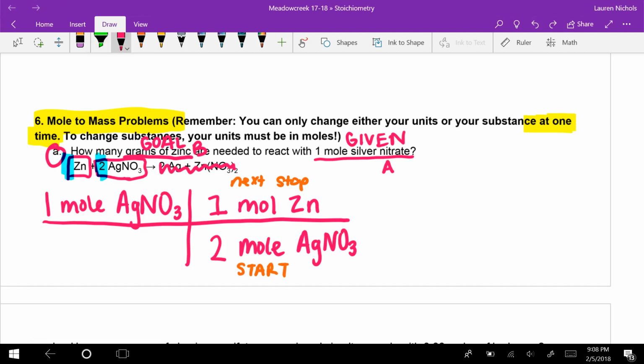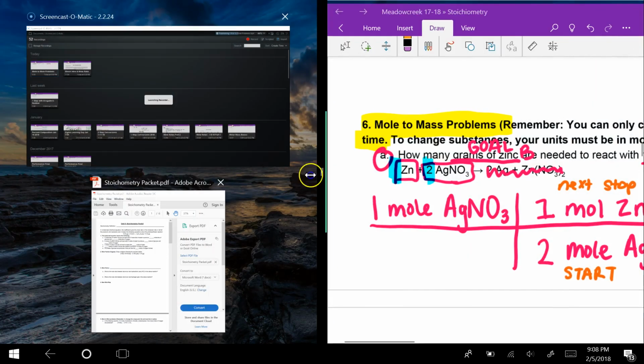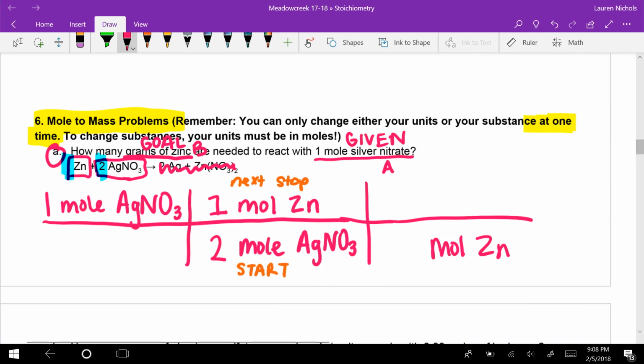So that means I'm going to create a second step. And now I'm starting from the same place I left off. I'm still starting at moles of zinc, and I'm going now on my mole map to the right to grams of B, or grams of zinc. Now, in order to go from moles to grams, you have to use your molar mass.